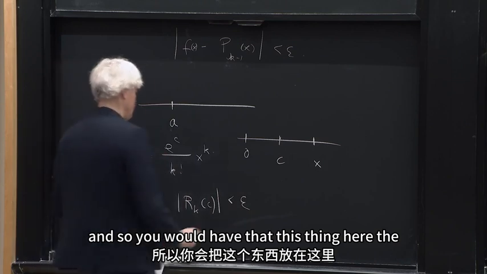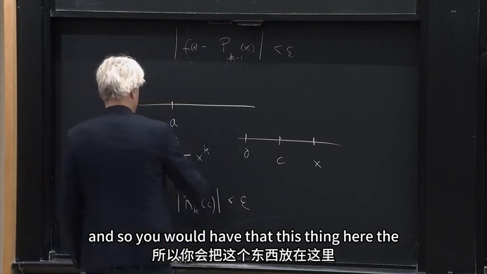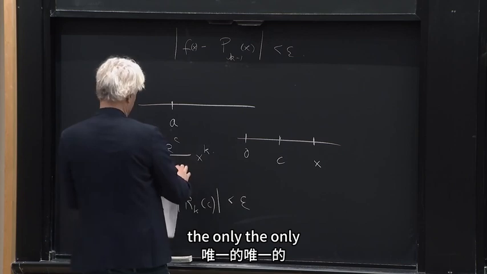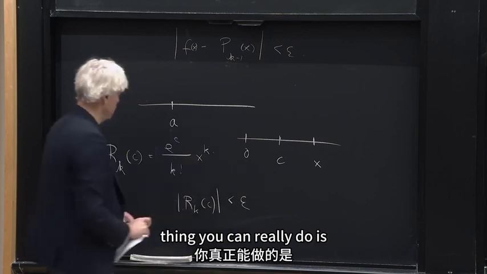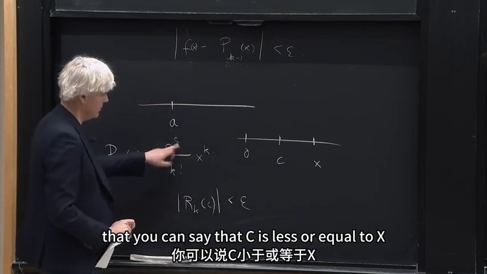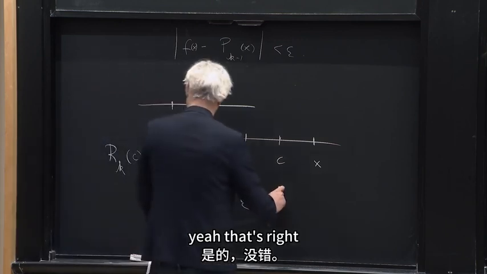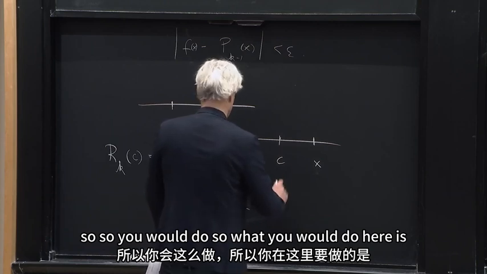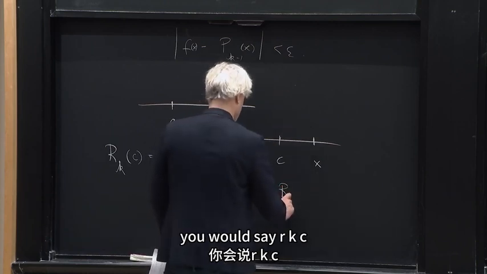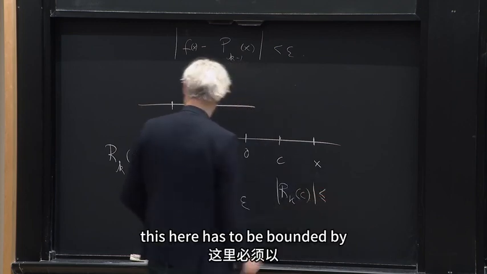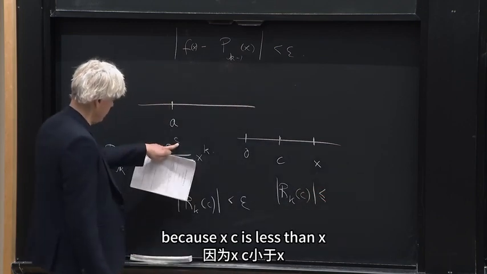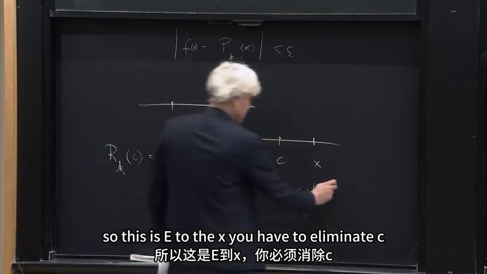The only thing you can really do is say that c is less than or equal to x. So what you would do here is say R_k(c) has to be bounded, because c is less than x, by e to the x.